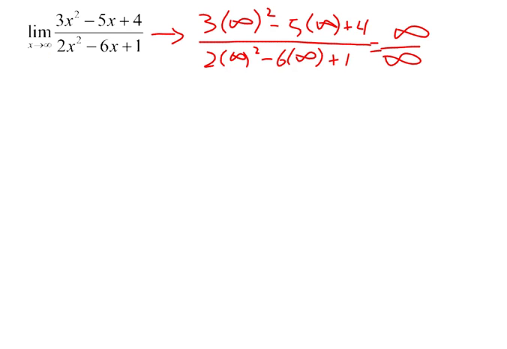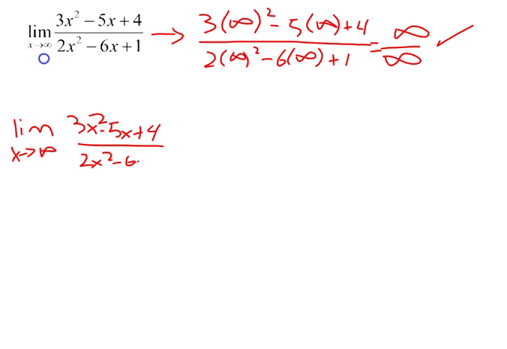That is the indeterminate form. Hence, I can use L'Hopital. Alright, so let's take a look at what L'Hopital's would say. Well, let's see. I know that the limit as x approaches infinity of 3x squared minus 5x plus 4 over 2x squared minus 6x plus 1, that equals the derivative.